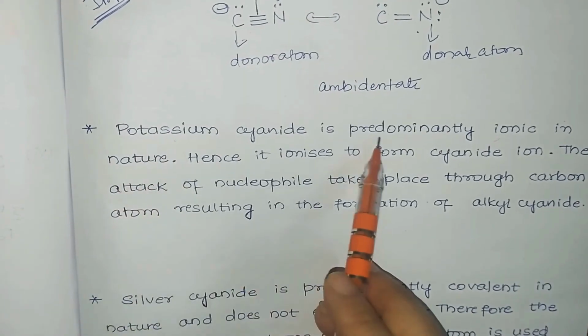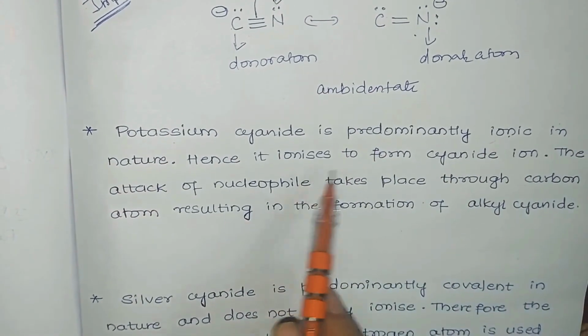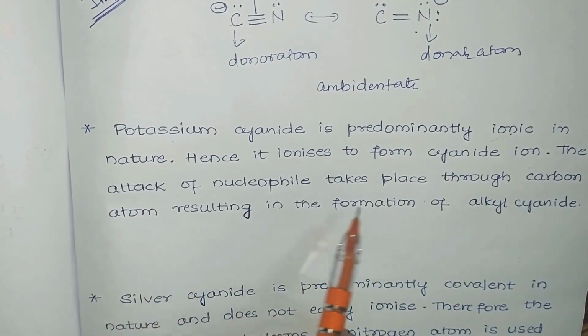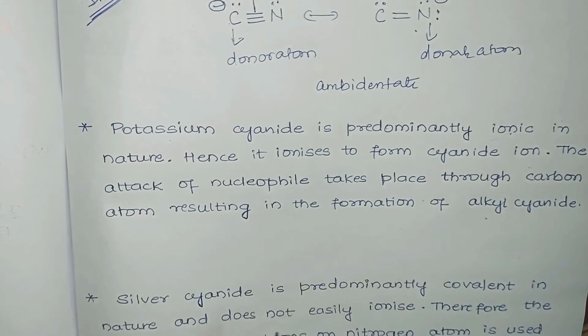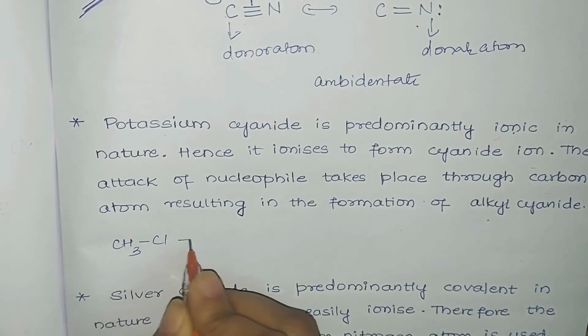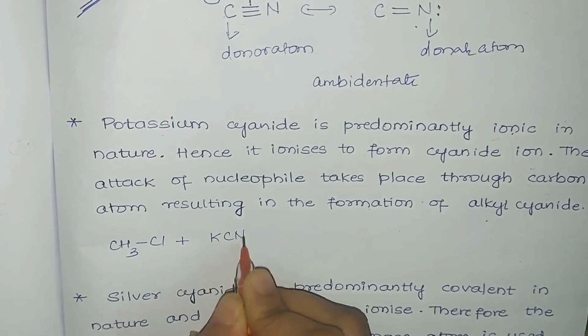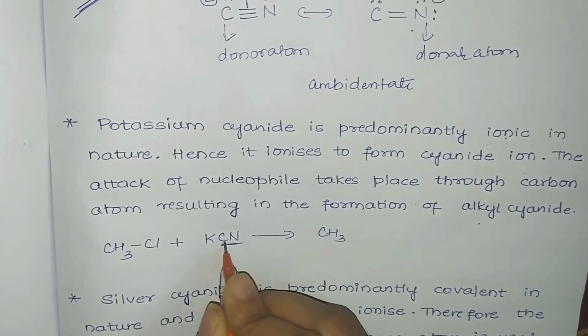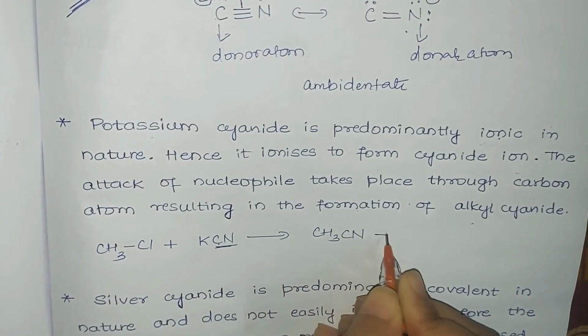Potassium cyanide is predominantly ionic in nature. It ionizes to form the cyanide ion. The attack of the nucleophile takes place through the carbon atom, resulting in the formation of alkyl cyanide. Consider the example of methyl chloride reacting with KCN. What is the product obtained? CH3CN. You have to write the product as CH3CN, and the other product is KCl.